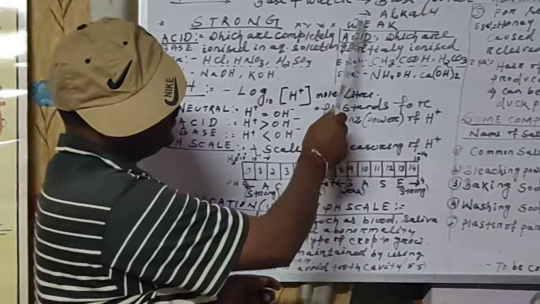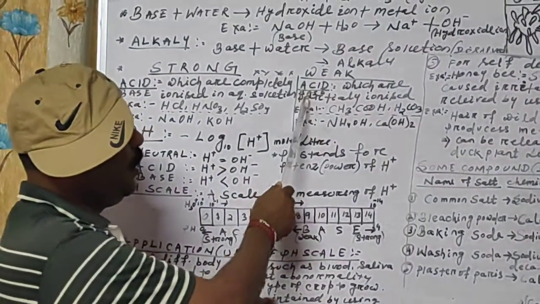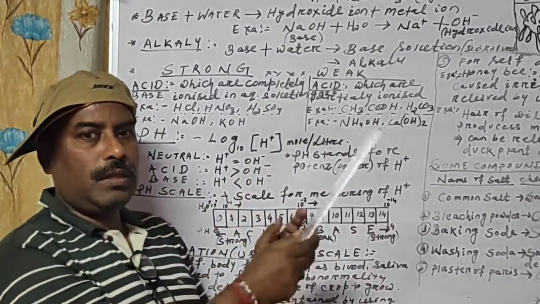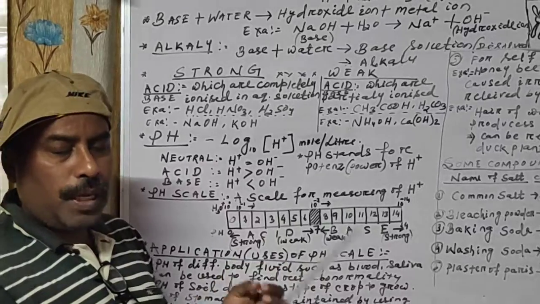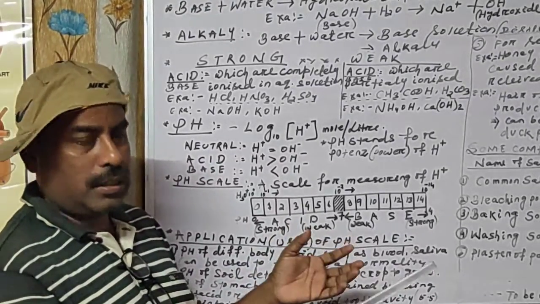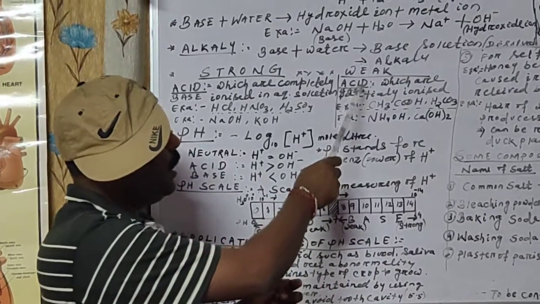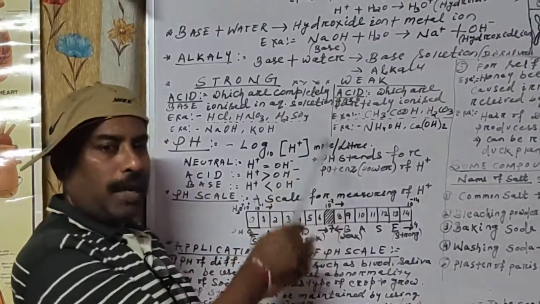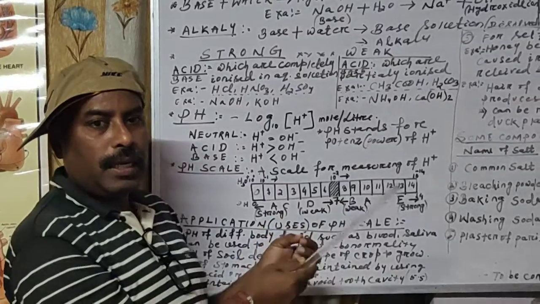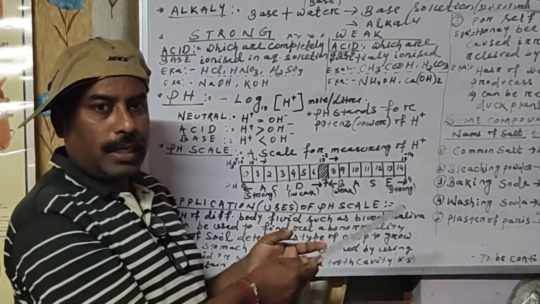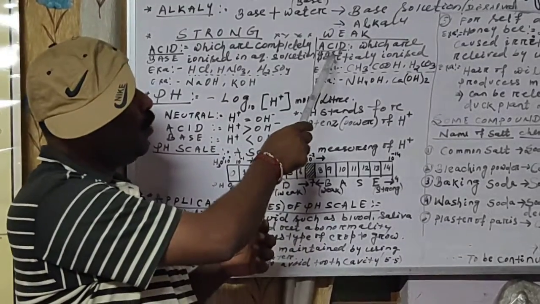Similarly, weak acid and weak base. In the opposite of the strong acid, when the acid does not get completely ionized in the aqueous solution, then that is called the weak acid. And if the base does not give completely hydroxide ion and does not get ionized completely in water, then that is called the weak base.